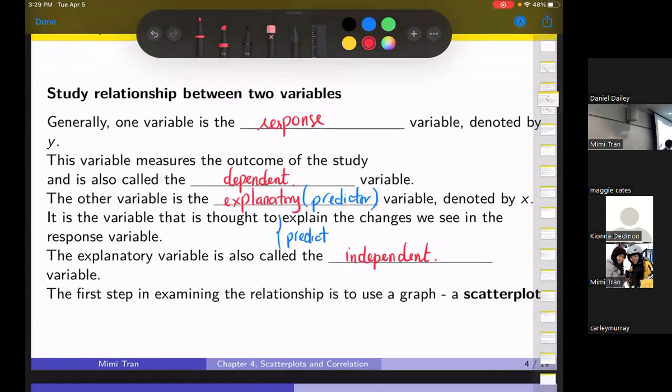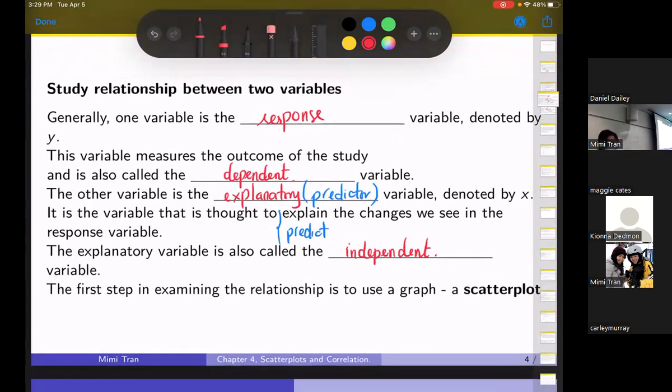I just say response and predictor. The reason being is in statistics, dependent and independent mean different things. Do you guys remember independent events? Dependent events. So it had nothing to do with probability. Think of it more like f of x function-wise. That's why I'm not using it a lot, because I don't want you to get confused with probability.